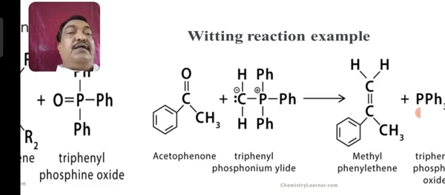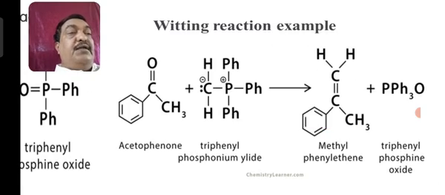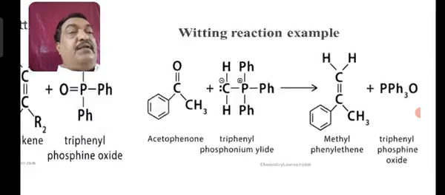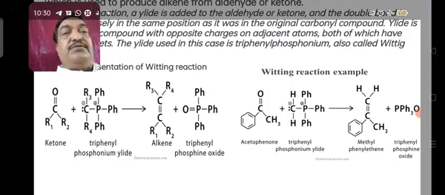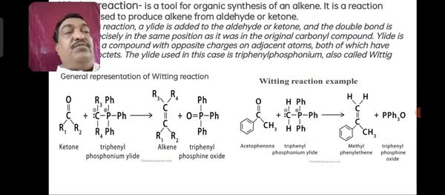When they are condensed, the oxygen is removed and you will get benzene with CH3 double bond CH2. So this is methyl phenyl ethene, a double bonded compound, and you will get Ph3P=O, triphenylphosphine oxide. So this reaction is known as the Wittig reaction.